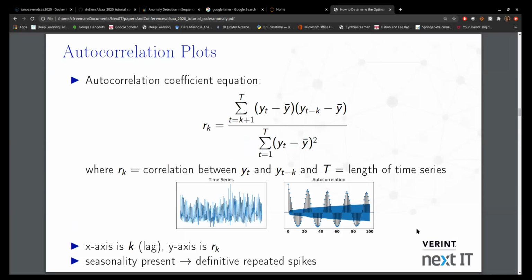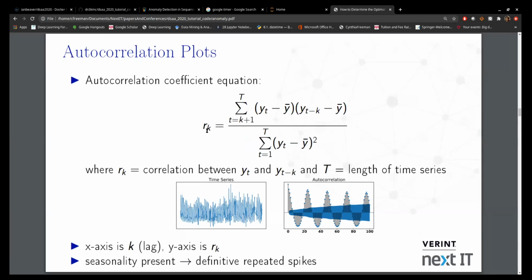More specifically, the autocorrelation plot's x-axis shows the lag value, and the y-axis shows the corresponding autocorrelation coefficient. So here is the equation for that. For example, at lag 1, we have R1, where k is 1, which measures the relationship between time series values that are only one step apart, so yt and yt minus 1.